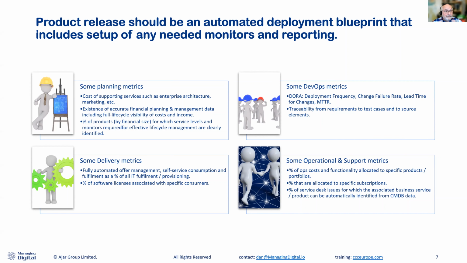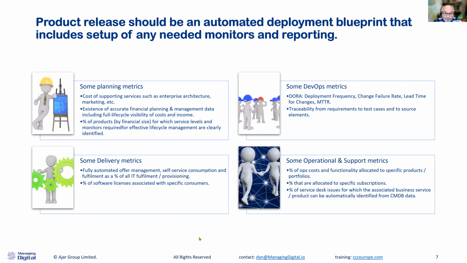Does every test case point to a requirement? Does every requirement have a test case? Does every code module in your source library point to a requirement and vice versa? If you can't do that, you've got some quality problems that you need to address.